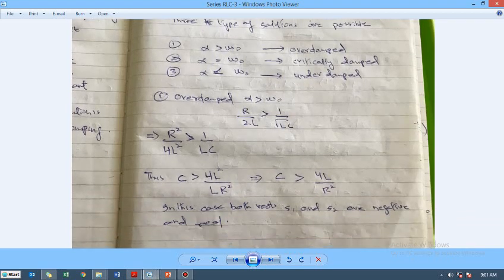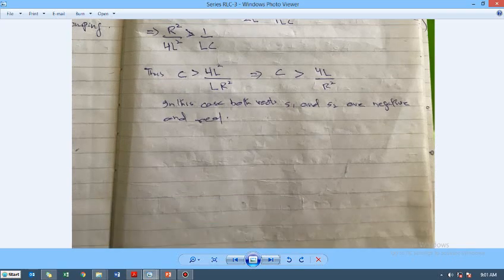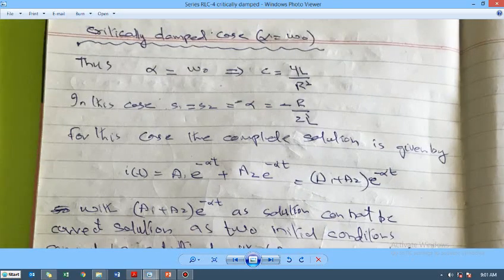So we were on this page, overdamped. In this case S1 and S2 are going to be negative and real, as I already told you. This is the fourth page.